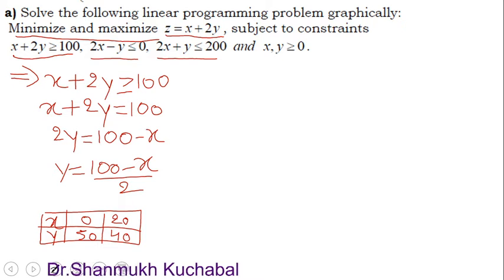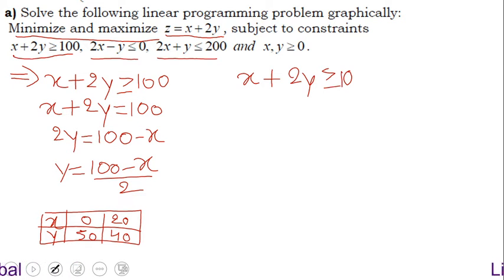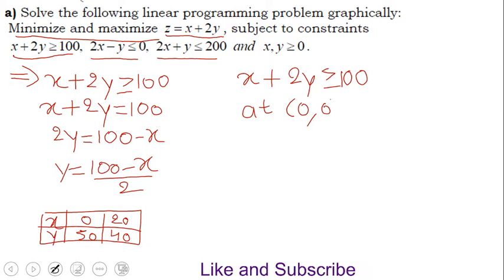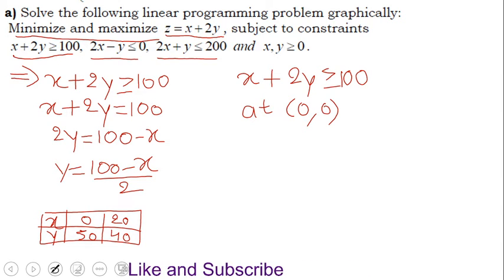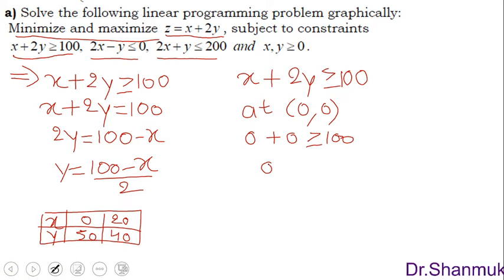Now once again I take the inequality x plus 2y greater than or equal to 100. Further we take x equal to 0, y equal to 0. Therefore we calculate the solution at x equal to 0 and y equal to 0: 0 plus 2 times 0 gives 0. So we observe that 0 is greater than or equal to 100.